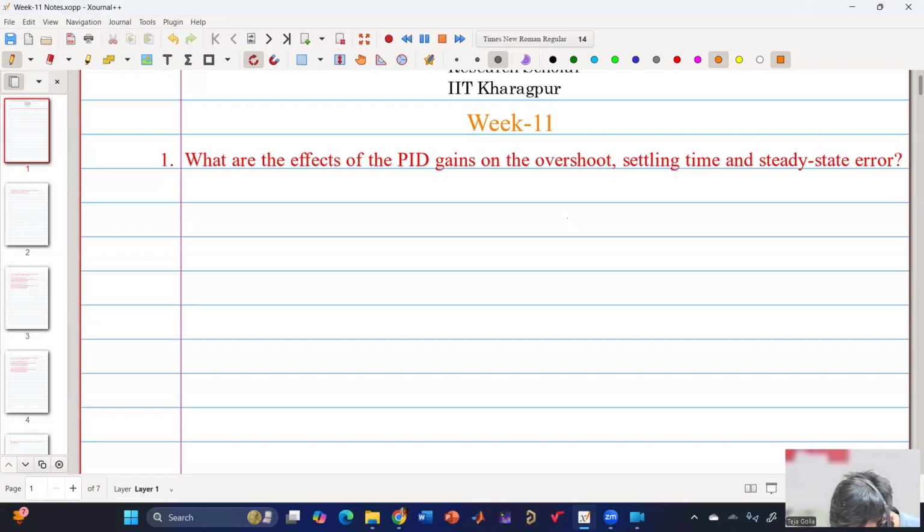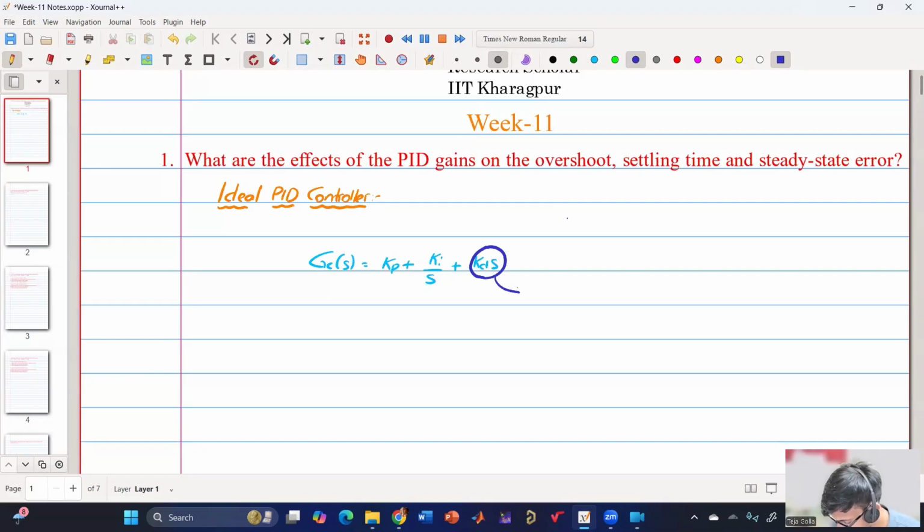If we take the ideal PID controller and write the transfer function, say GC, we will have KP plus KI by S plus KD into S. Now the KD S part is the improper part, an improper transfer function, and cannot be practically implemented. So now we will go for the practical PID controller.